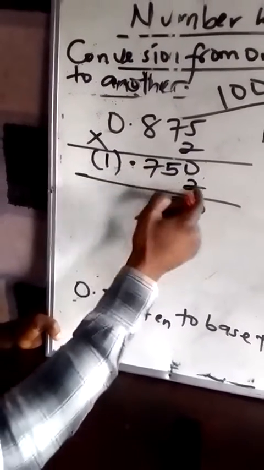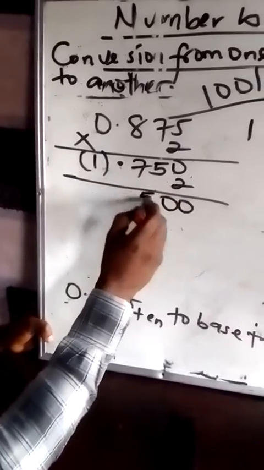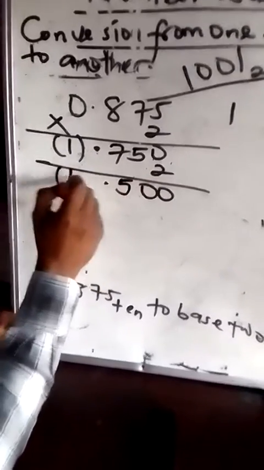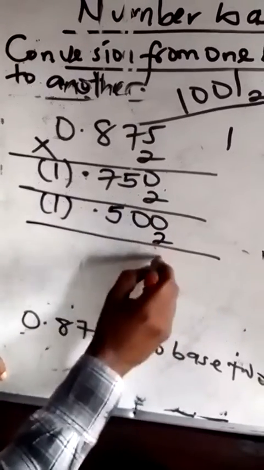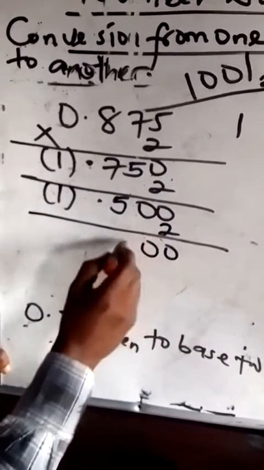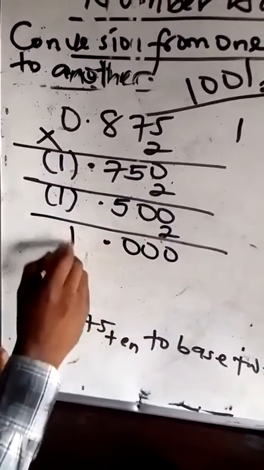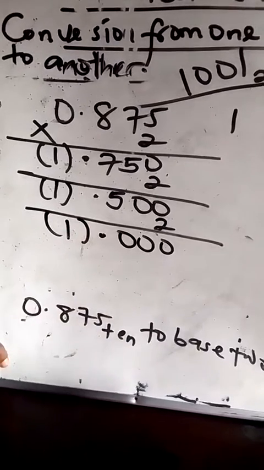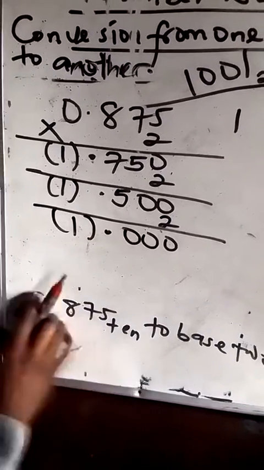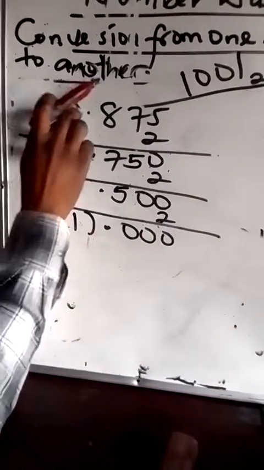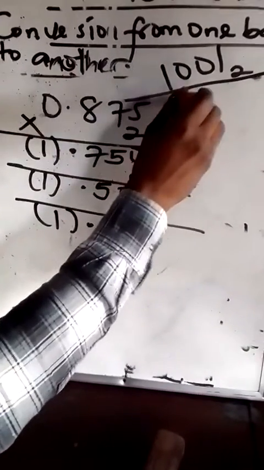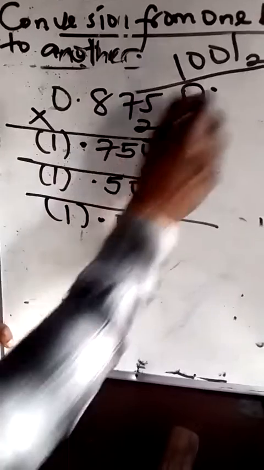Keep 1. 2 times 7, 14 plus 1, 15. Use 2 again. 2 times 0 is 0. 2 times 0 is 0. 2 times 5, 10. The 1, you drop it there. So the second one gives us 0.111.